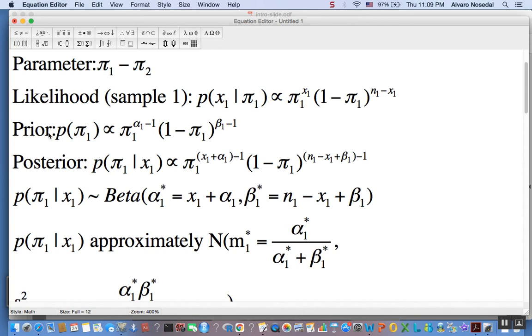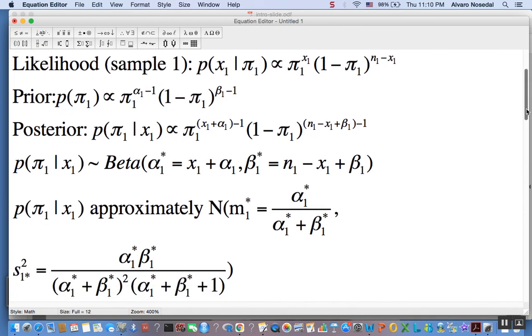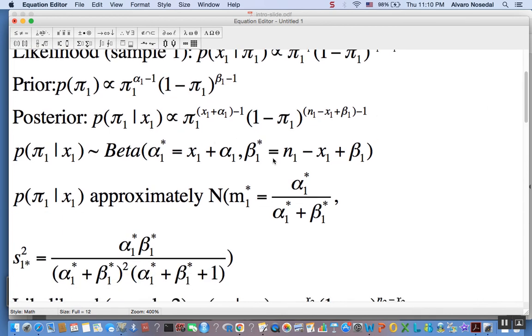We're going to be considering a beta prior, which looks like this, with parameters alpha 1 and beta 1. Then when we combine these, we know that beta distributions are the conjugate family for binomial likelihood, so the posterior is also going to be another beta. It's easy to find the parameters of the new beta. In this particular case, it's a good idea to find the mean and the variance of that first beta posterior.